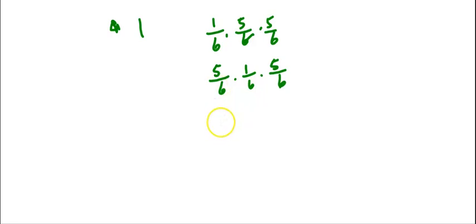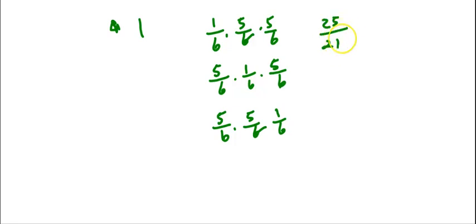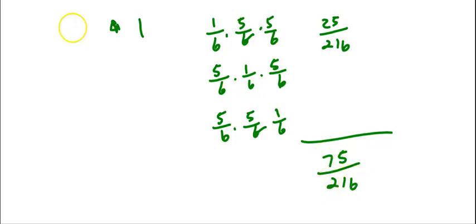Or if the third roll is the one where we get the 1. So now we have 25 over 216 three times. So this ends up being 75 over 216.